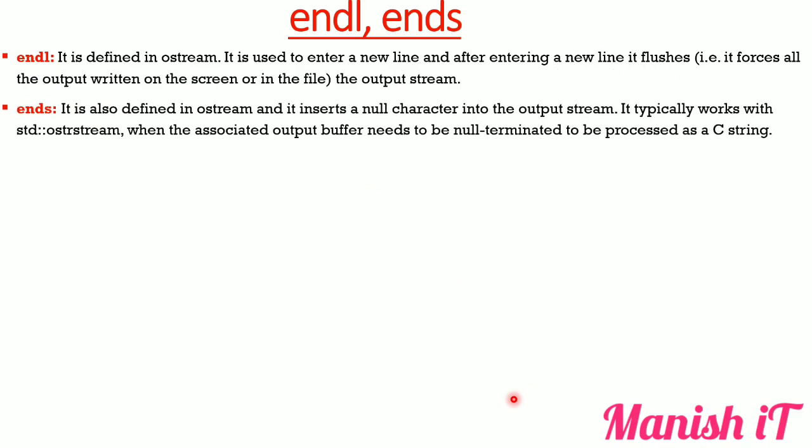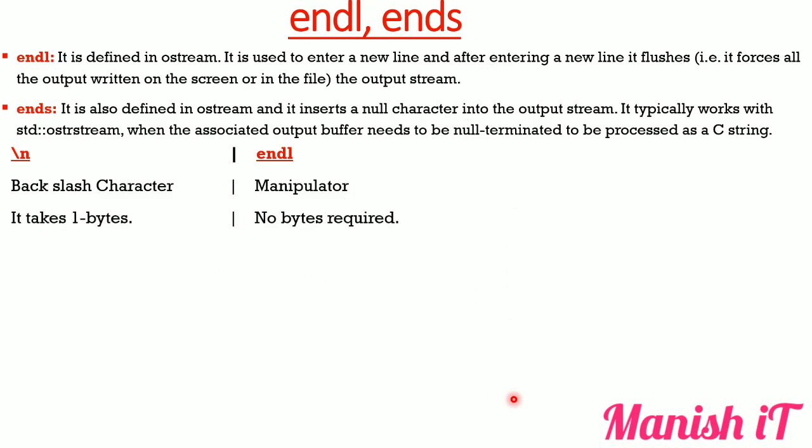So we have to see the difference between backslash n and endl. First difference: backslash n is also called a backslash character and endl is called a manipulator. The second difference is that every backslash character takes 1 byte of memory, but the endl function does not take any bytes of memory.